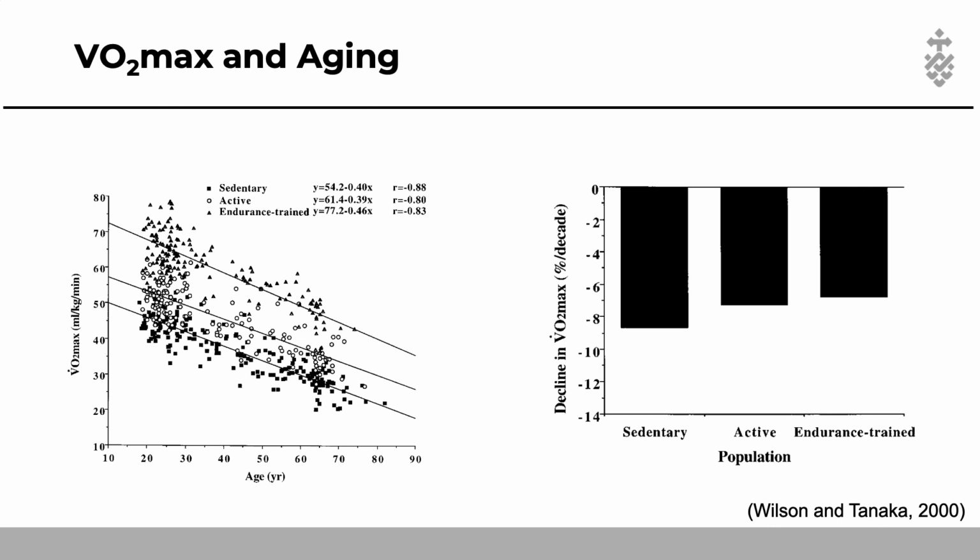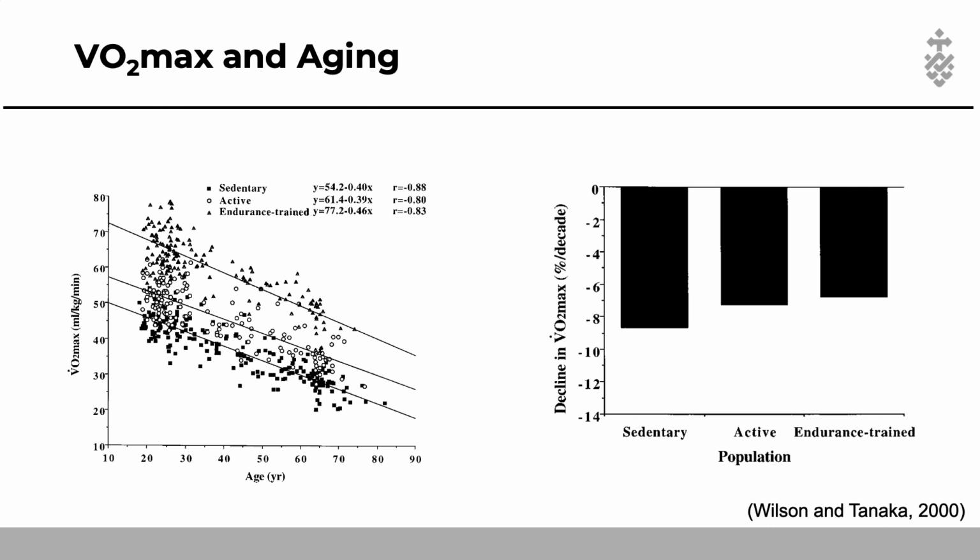However, with training, we can bump up our VO2 max so that the decline doesn't reach too low. Now, in the next column graph, we can see that there's an average decline in VO2 max per decade of around 9%. We spoke about that in the first part of the lecture, 9% per decade on average.